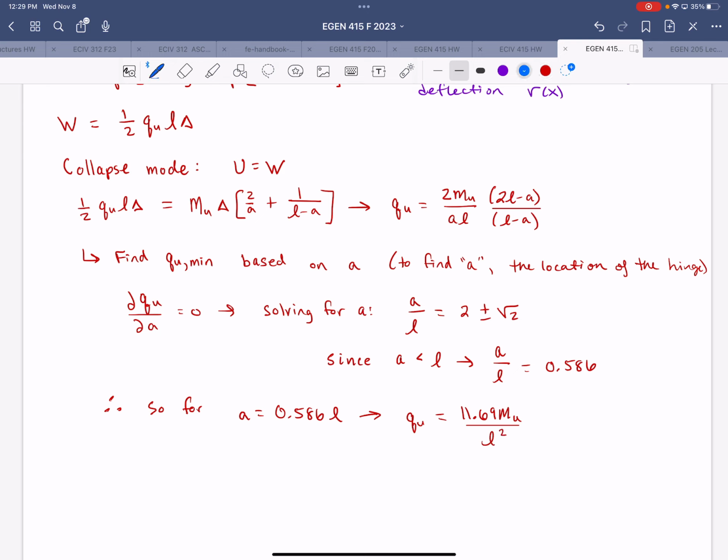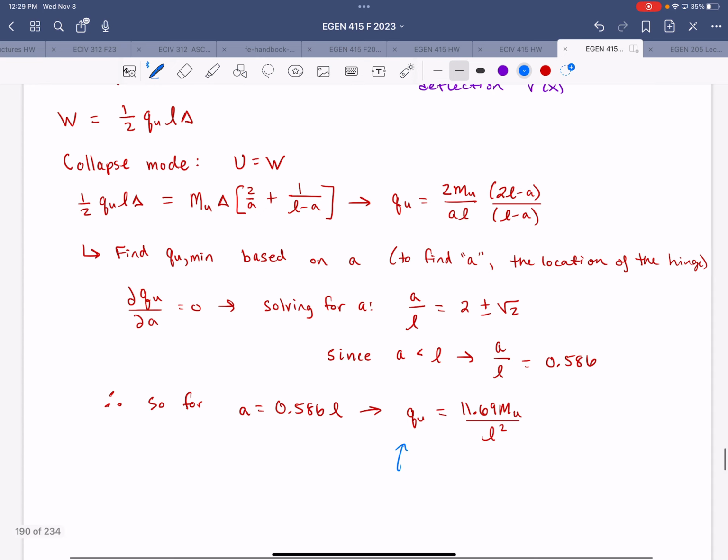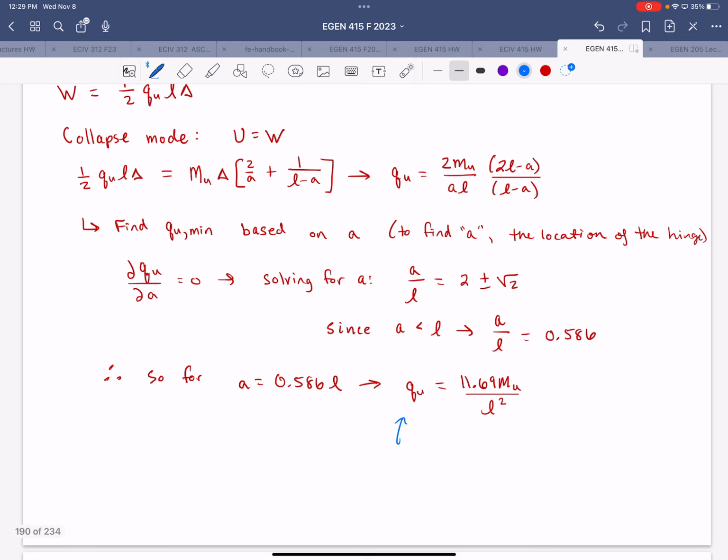So that right there is the smallest distributed load that would cause the moment mu within the length of the beam.